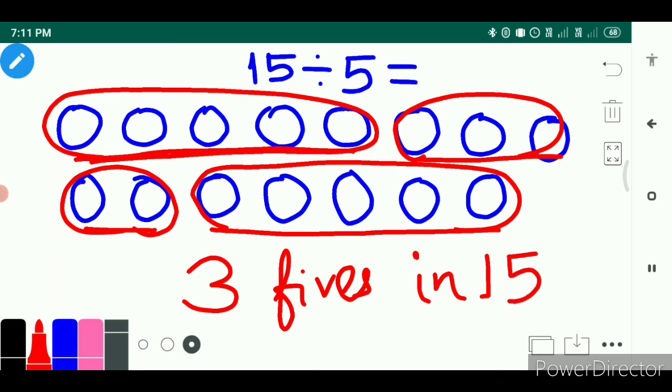So 3 5s means 3 groups having 5 balls are there, in total 15, right? So the answer will be what? If I divide 15 by 5, in total how many groups will it form? 3, right?